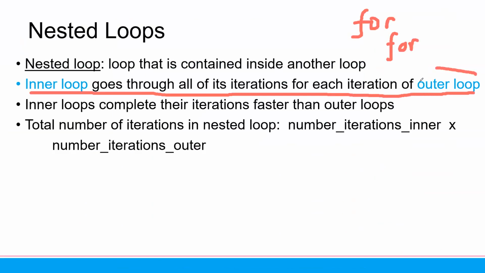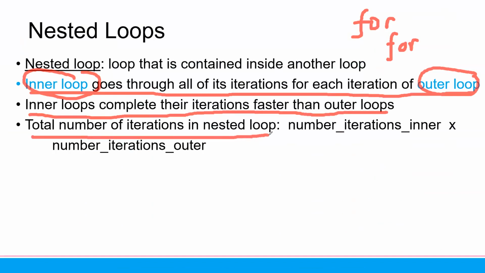So we will learn what is the outer loop, what is the inner loop. Inner loops complete their iterations faster than the outer loops. And the total number of iterations in the nested loop is the number of iterations of the inner multiplied by the number of iterations of the outer.